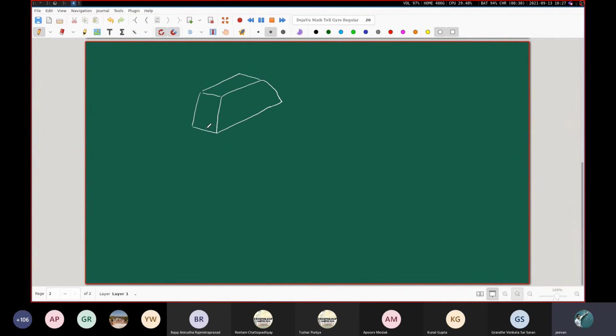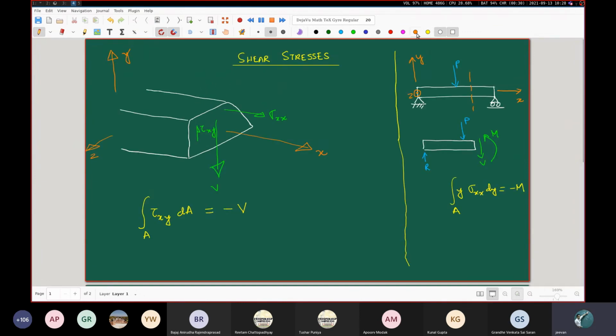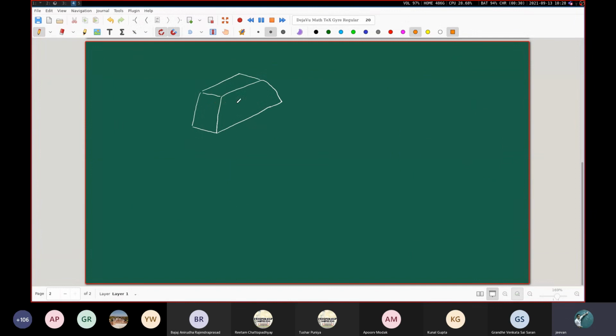So I've taken a little slice of the beam. What I'm basically doing is taking a cut section here, slicing off that thing and taking out this chunk.